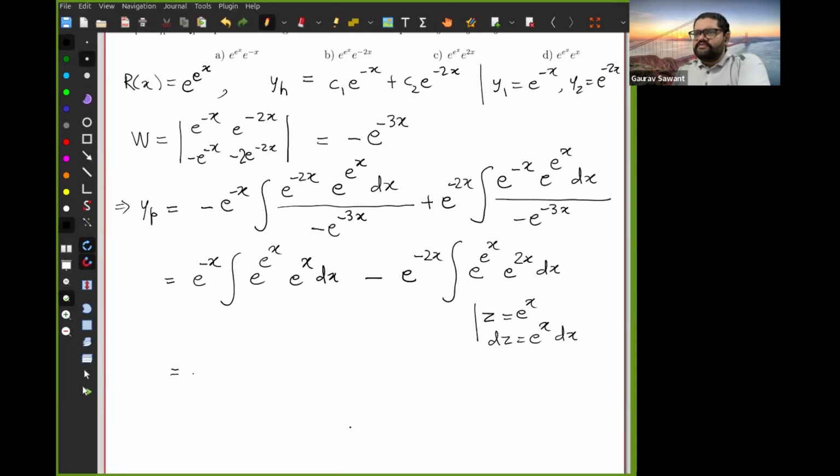So the first one, e power minus x integration e power z dz, and then minus e power minus 2x, e power z dz divided by 2.